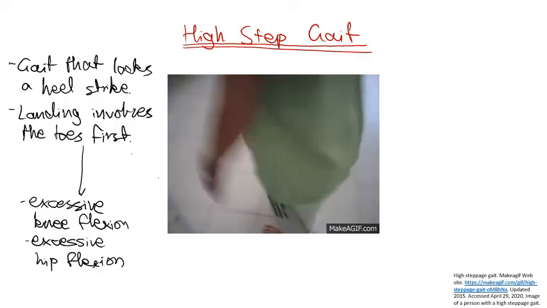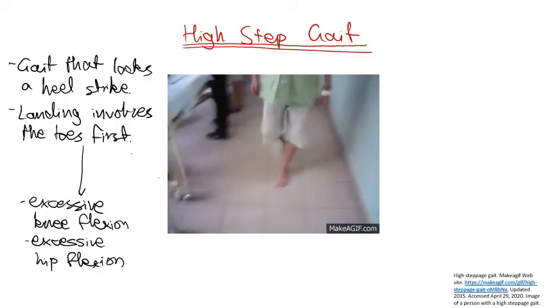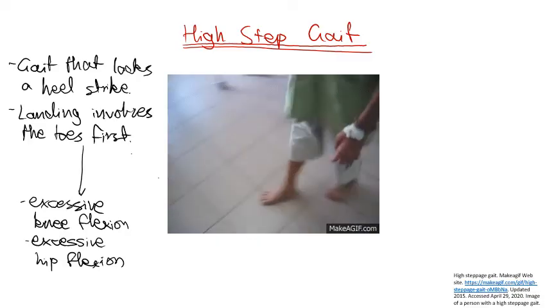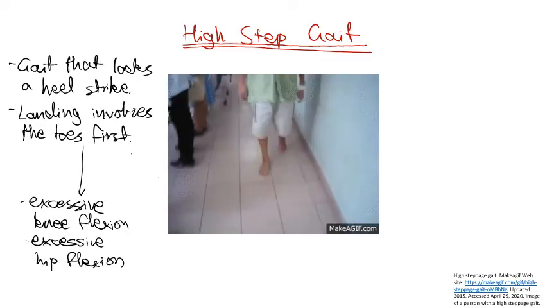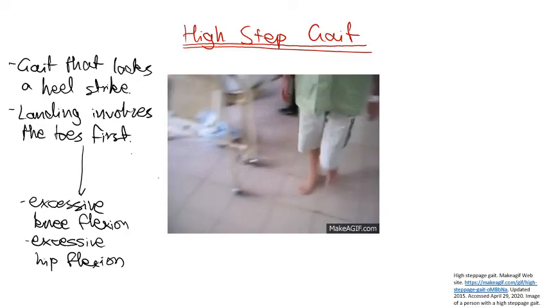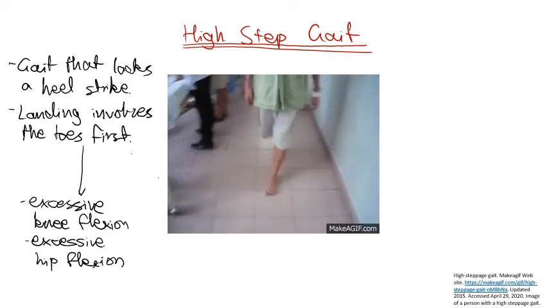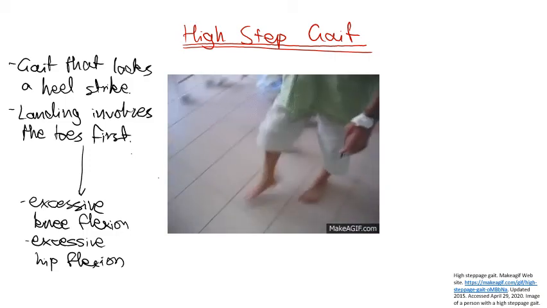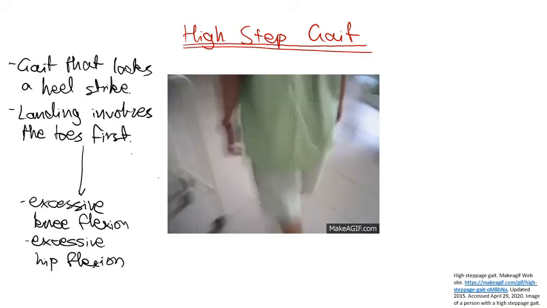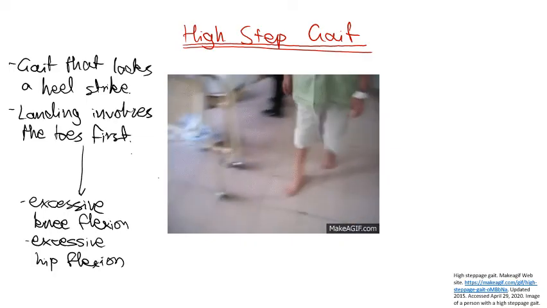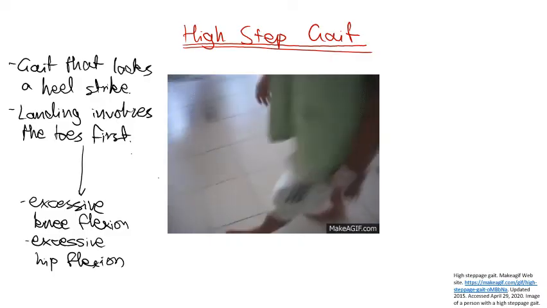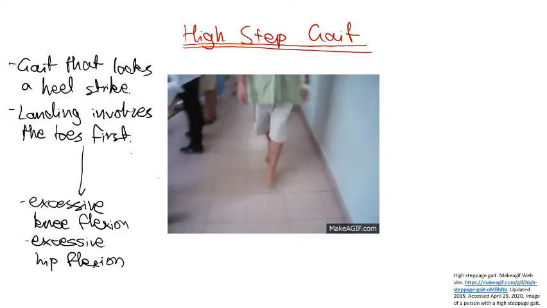So if we go back to the very crux of what causes this gait, it is an inability to clear the foot off the ground properly. What that means is that we are unable to dorsiflex our foot and allow for a heel strike, which is instead why a toe strike occurs.